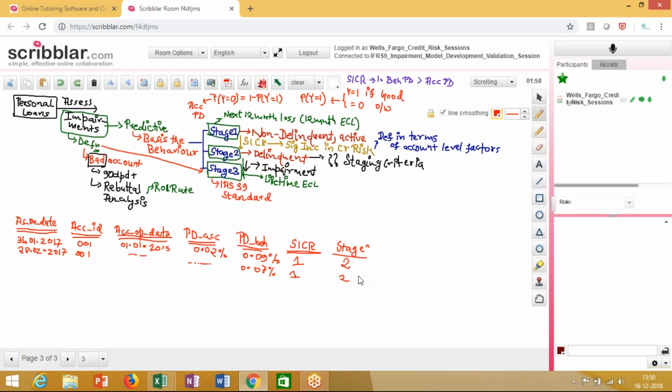Piyush: Can we also use a Markov transition matrix, the way we have roll rate here, to see how the PDs are moving? No, you need not know how the PDs are moving. You had a PD at acquisition, you have a PD as on a given date. If the relative deterioration is greater than some cutoff, then yes, it's a SICR, else it's not.